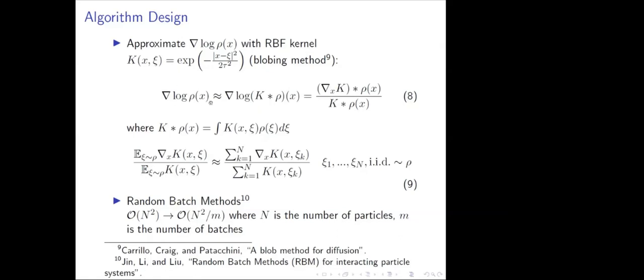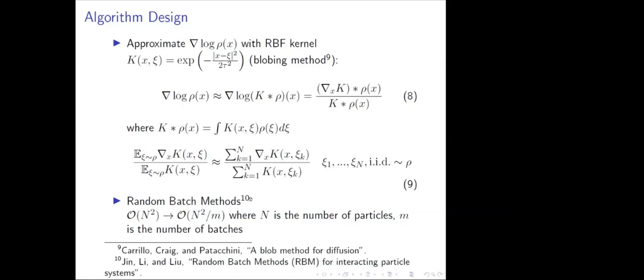For this gradient log rho term, we need to evaluate this term for each particle. As our approximated term shows, for each particle, you need to evaluate these two finite sums. So for each iteration, each particle, the computational cost is of the order n. Since in total we have n particles, the total cost is of the order n squared. But actually, to get a nice approximation of this term, we don't need all the particles.